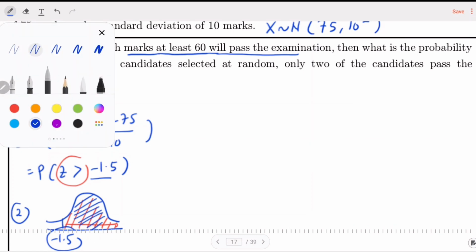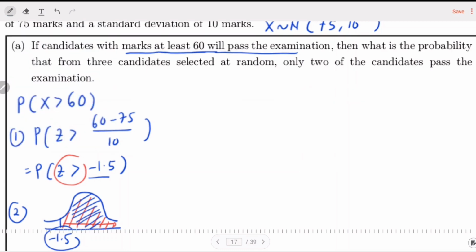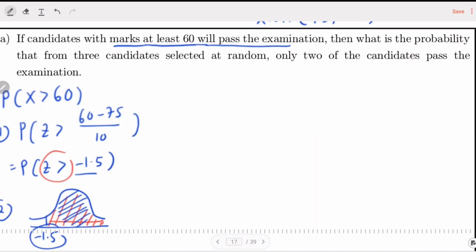And then for the second part of the question, this is actually the binomial distribution out of 3 candidates, which means X is distributed binomially, with n and p.